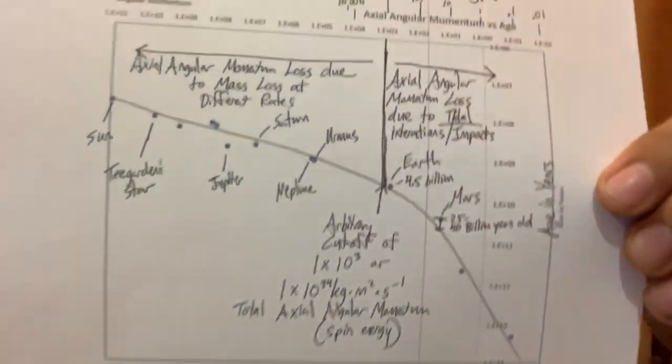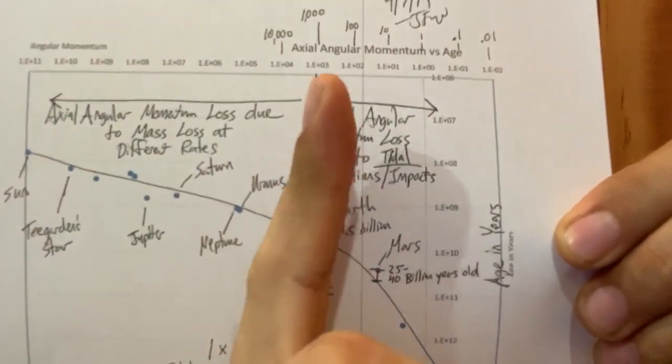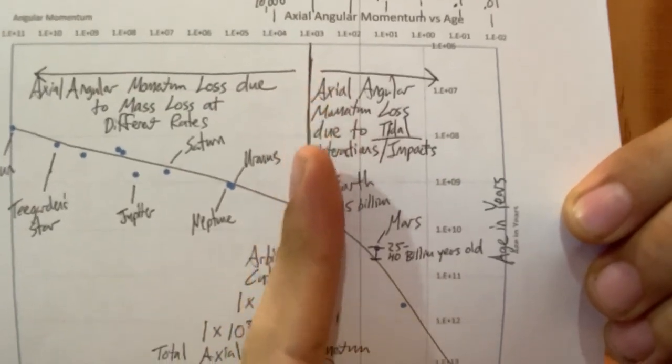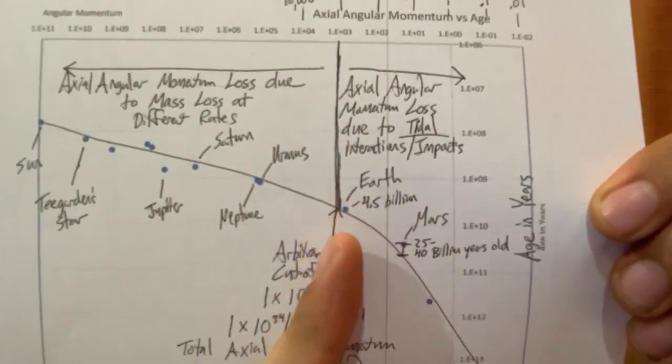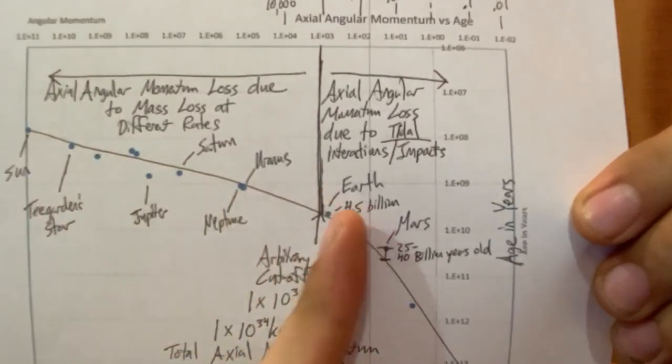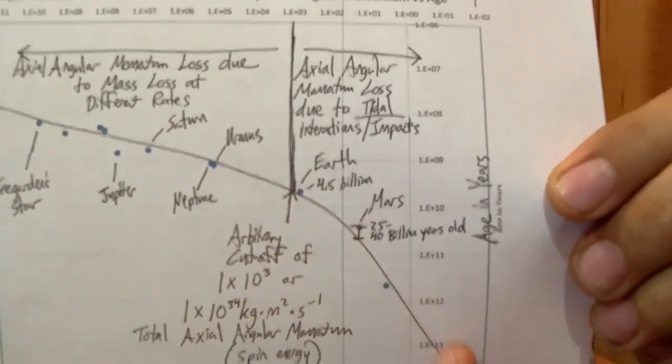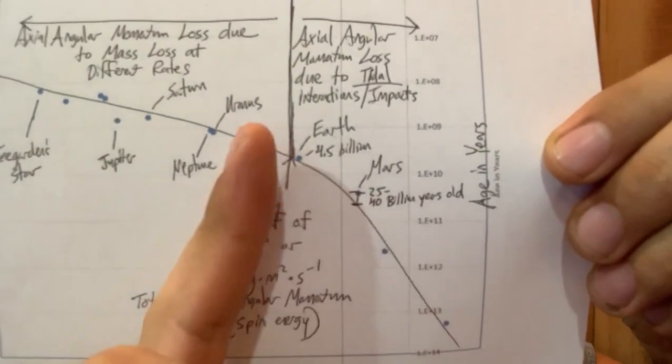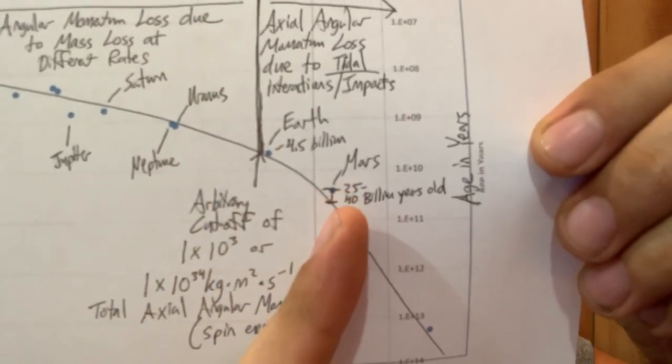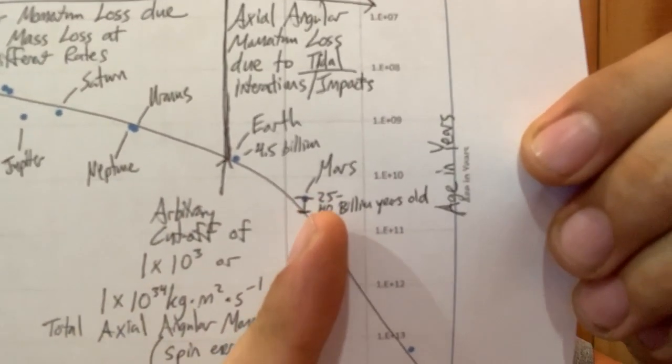As well, I did another graph here. You have that arbitrary cutoff of 1,000 Williams, and that is the young stars, and these are the old stars. And the reason why I did the arbitrary cutoff, you see Mars there is between 40 and 25 billion years old.